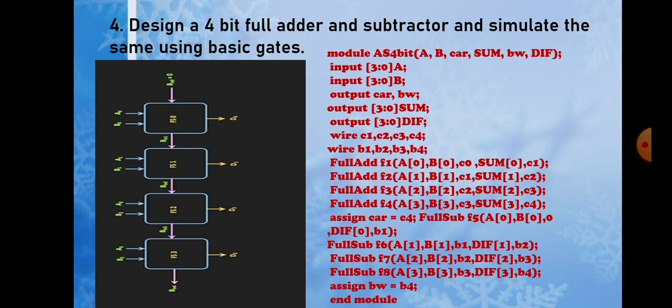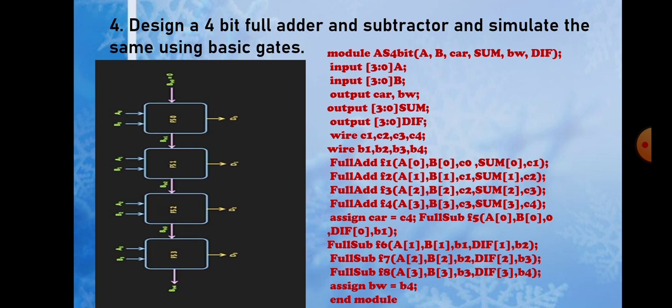So here in the diagram you can see the wires C1, C2, C3, C4 and the wires B1, B2, B3, B4. C is for carry, that is addition, and B is for borrow, that is subtraction. So you can see full adder F1, A0, B0, C0, sum of 0, C1.